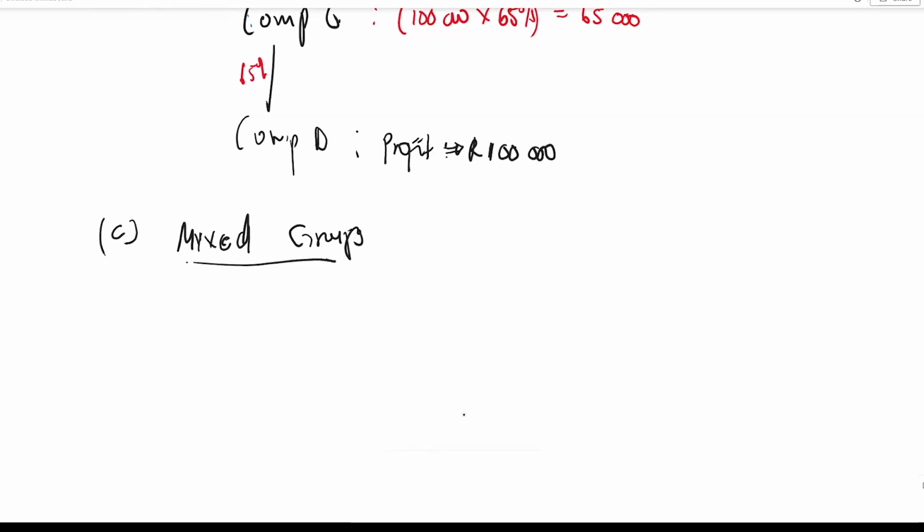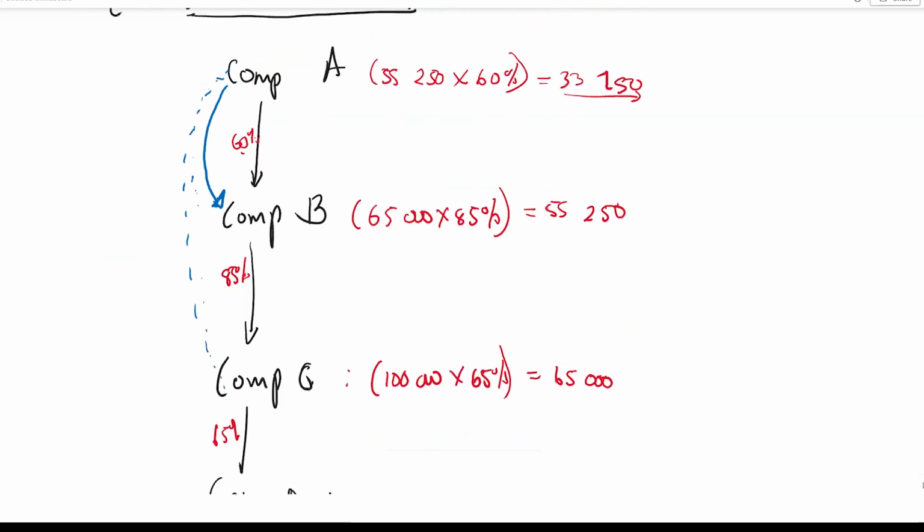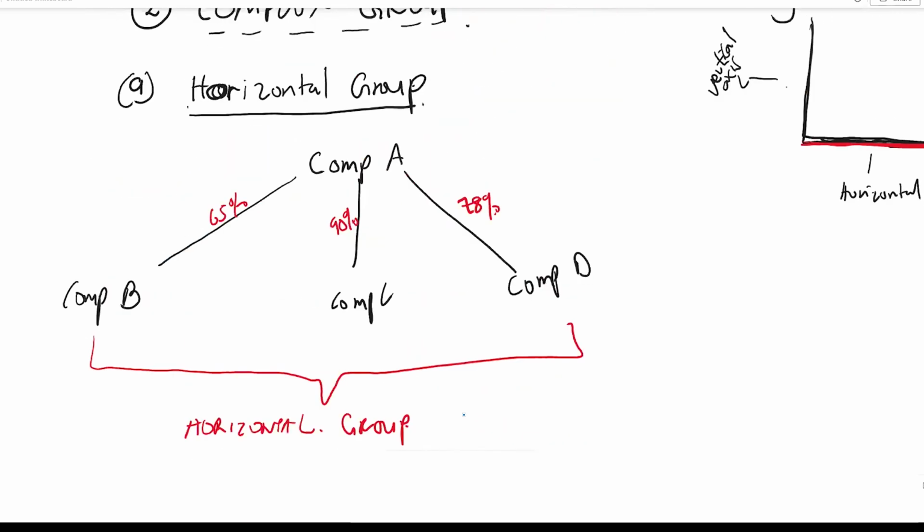Basically, what a mixed group does is combination. It is a combination of horizontal and vertical groups. So basically, guys, that is how it works. These are the groups that you have.